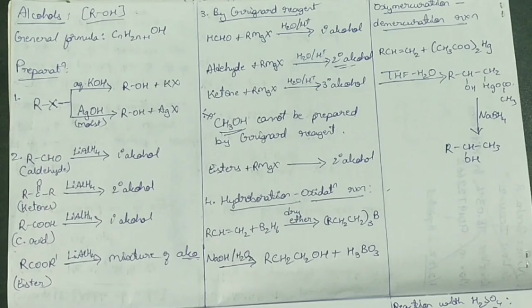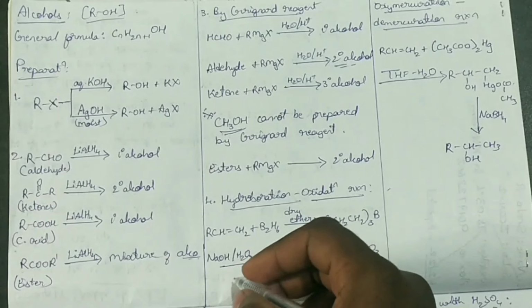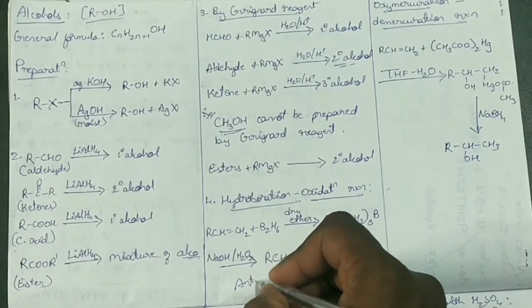Next we shall know about the hydroboration oxidation method. In this method, diborane is reacted with an alkene in the presence of dry ether to give an alcohol, and this reaction takes place by the anti-Markovnikov rule.